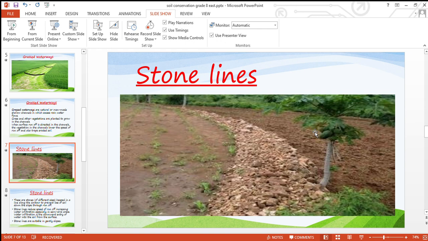It shows clearly some stones which are put together in a line. They are collected or heaped in a line, and those are what we call stone lines. We call them what? Stone lines.